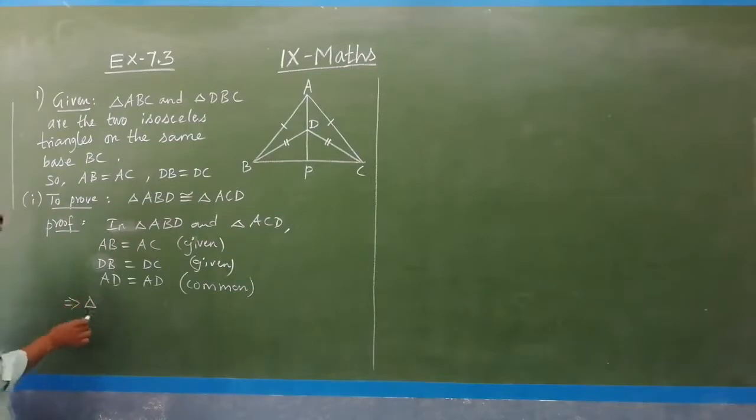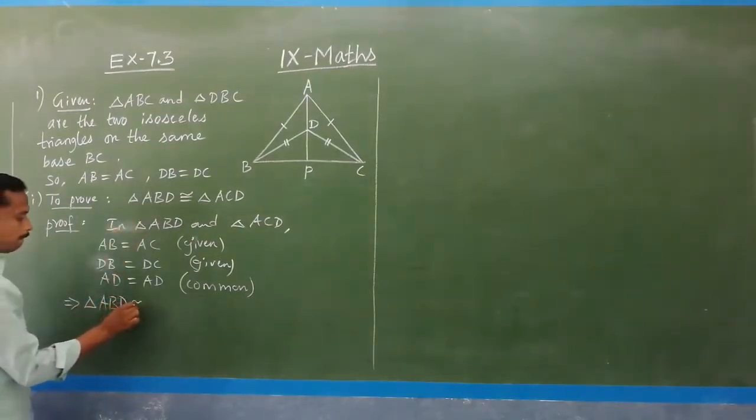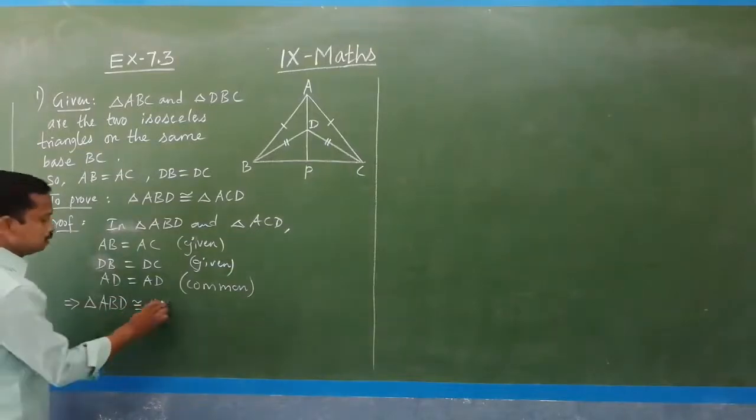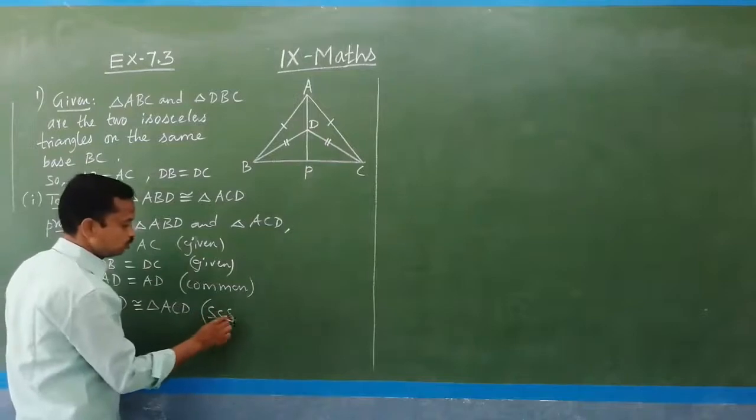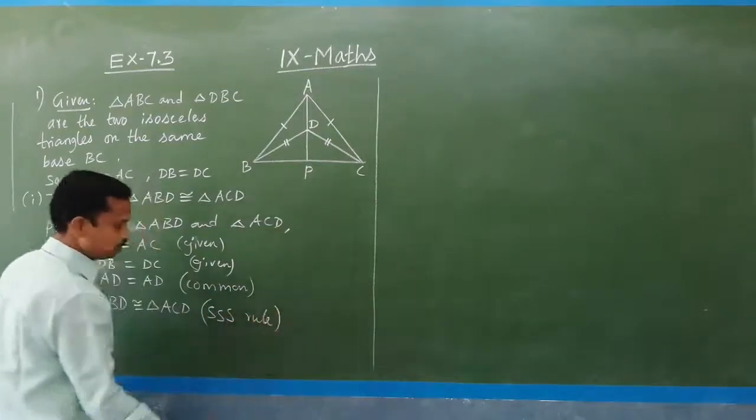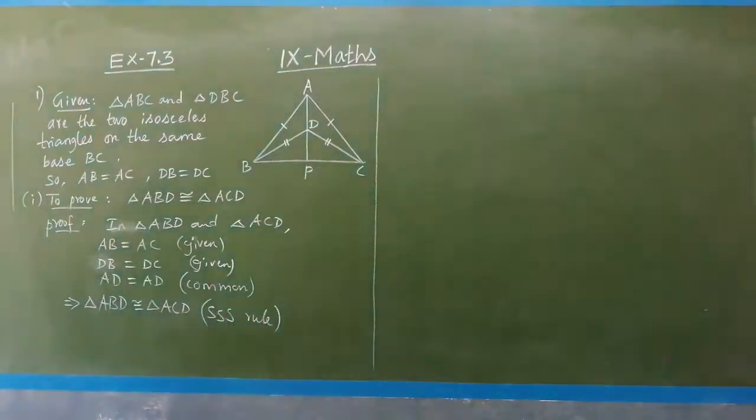This implies triangle ABD is congruent to triangle ACD by the SSS rule, side, side, side.